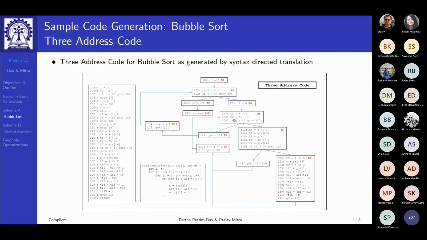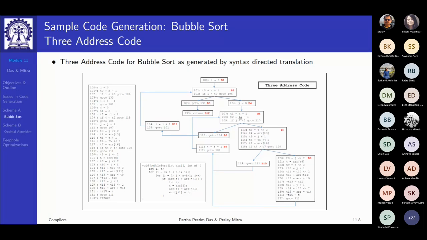So here you have the initialization for doing this comparison, and then based on this you could either continue in the inner loop or terminate the inner loop and go out. So this is a loop here and here.